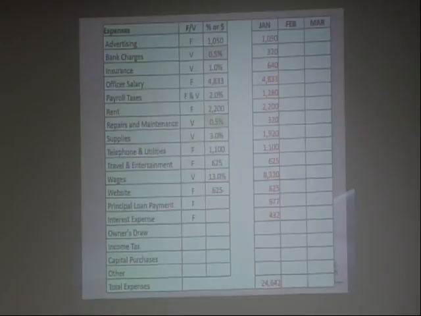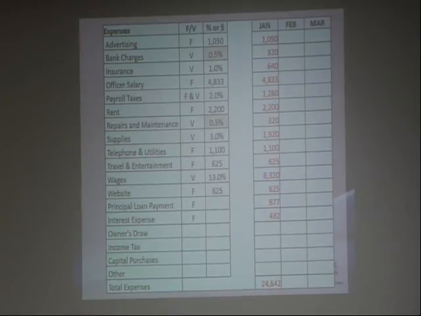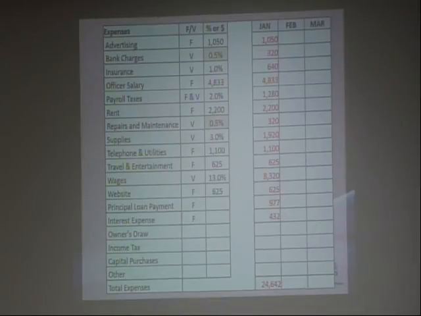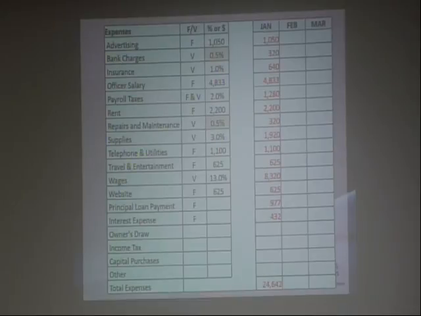Okay. So the variable expenses are all just multiplied out. The fixed expenses are just repeated as a fixed expense for that month. So there we are. In January, we're estimating we're going to have $24,642 worth of expenses. In February, look, how consistent is that? That's really weird, right?